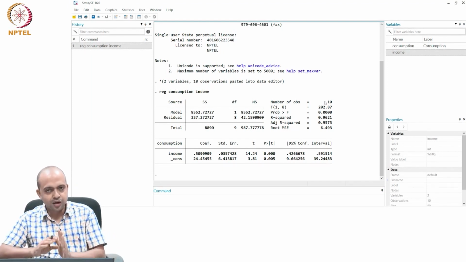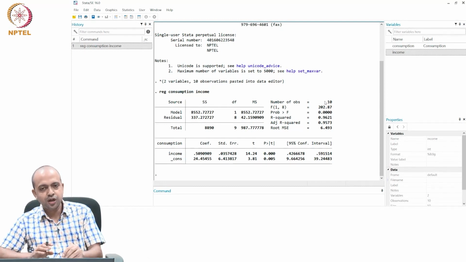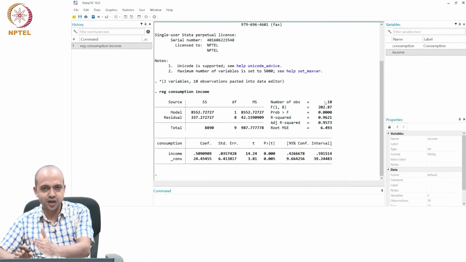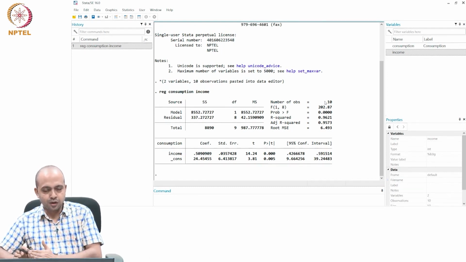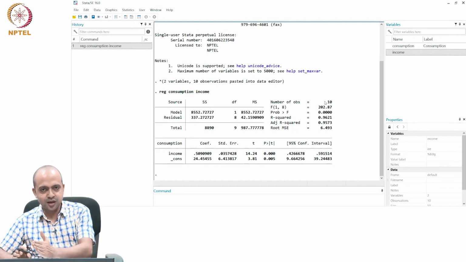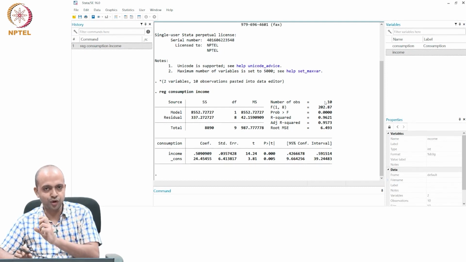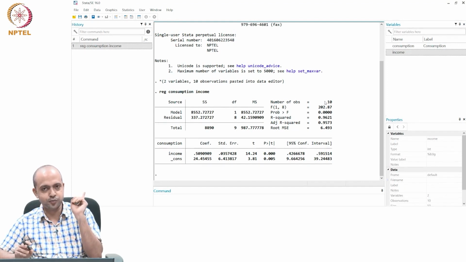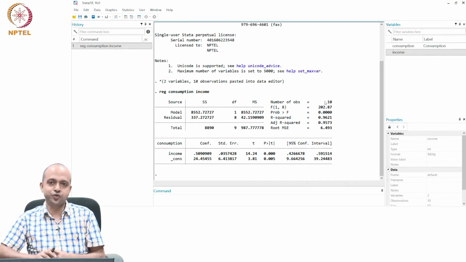Then we have also learned how to estimate the model, how to interpret the coefficient, and then we have also learned the goodness of fit measure, and using a simple diagram we understood the analysis of variance, the 3 important components in the analysis of variance: total sum of square, which you are going to explain through your model, defined as sum of yi minus y bar whole square, and then the other 2 components are explained sum of square, which in Stata is actually model sum of square, and then the residual sum of square.